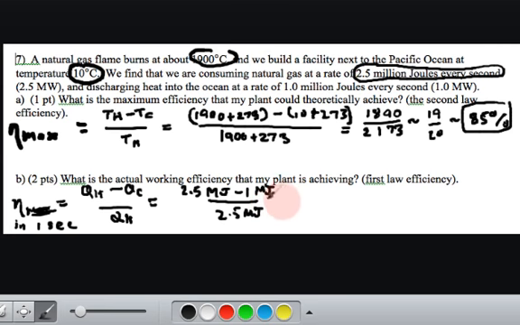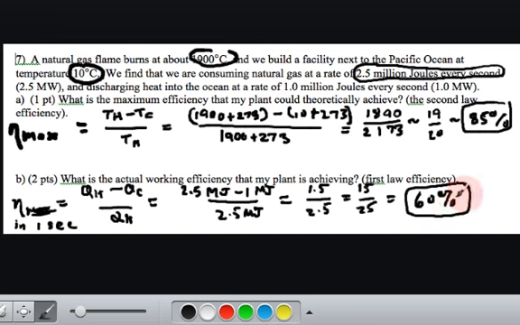So again, these megajoules cancel, so this is equal to 1.5 over 2.5, or 15 over 25, which is equal to 60%. Multiply both by 4 over 4, you get 60%. So the actual efficiency is 60% and the maximum is 85%.